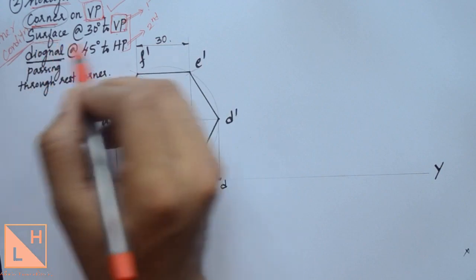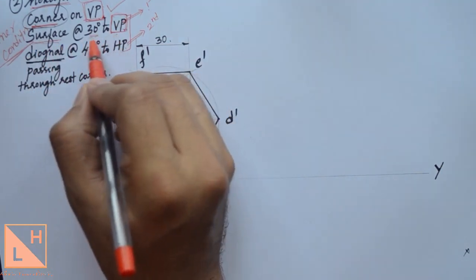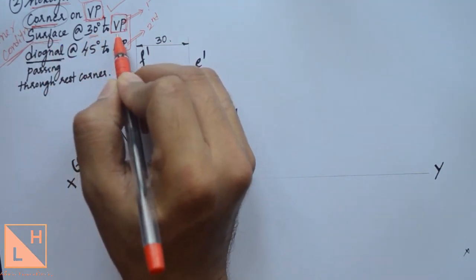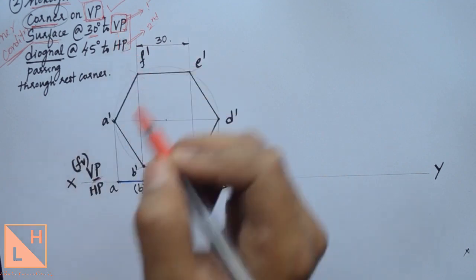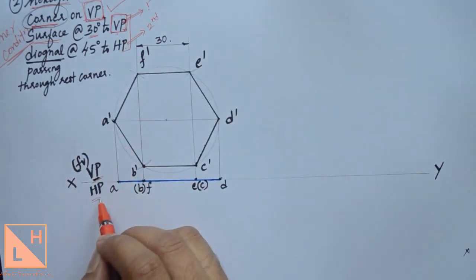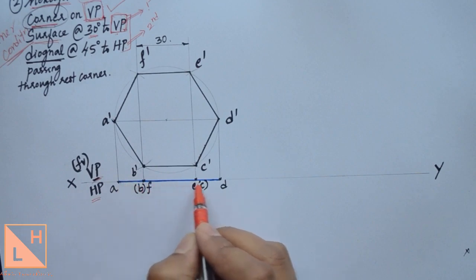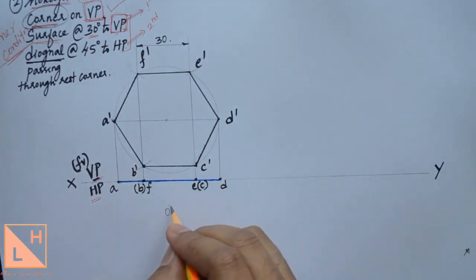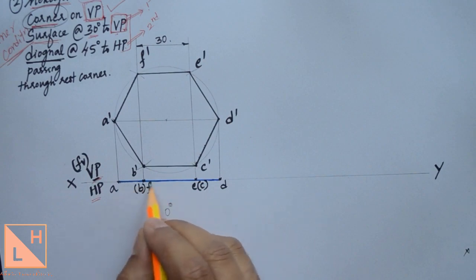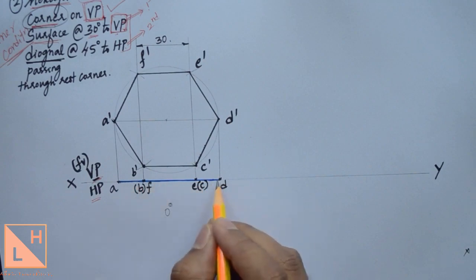It says the surface is inclined at 30 degrees to VP. So this angle with VP will be visible on the opposite plane. The opposite plane here is HP. You can see right now the lamina is looking like a straight line and it is at an angle of 0 degrees in the first position. So this is a straight line, which means that it is a 0 degree angle.